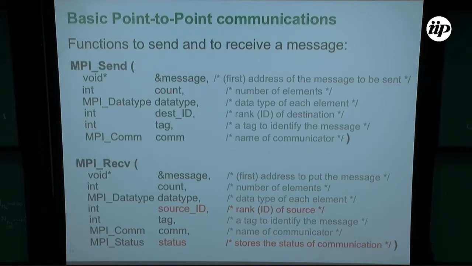It is not just the data type that you specify in C++ or in Fortran. There is a one-to-one correspondence between the data type you use in C, C++, or Fortran and the MPI data type. I will talk about this in the next slide. But it basically specifies what type of data you are transporting. In the previous example, it was an integer, so you have to write it down here.